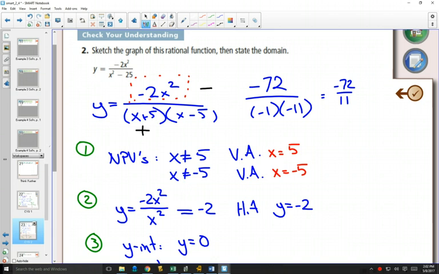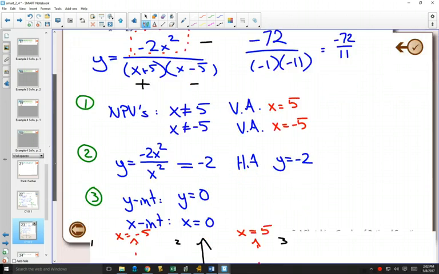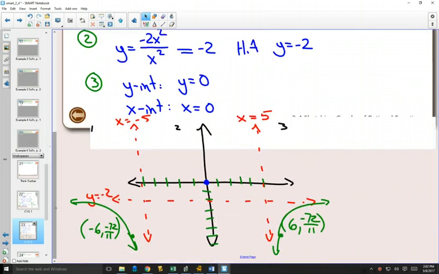When I plug in 4.9 into this section, can you see that I will get a negative number? All of those things put together end with a positive value. So if I have a positive value there as I approach 4.9, I know that my graph is going to be going up towards that value.